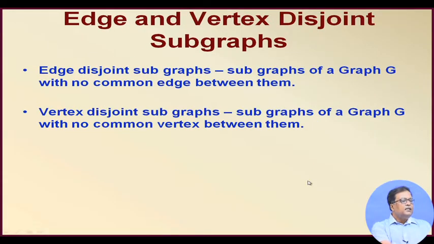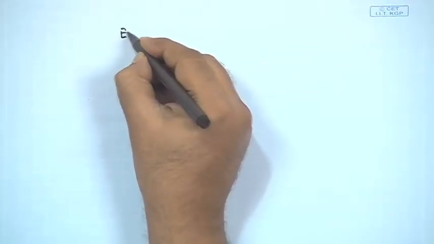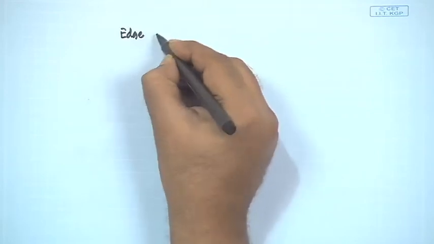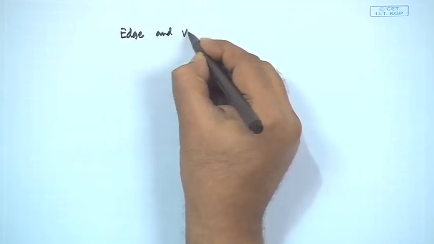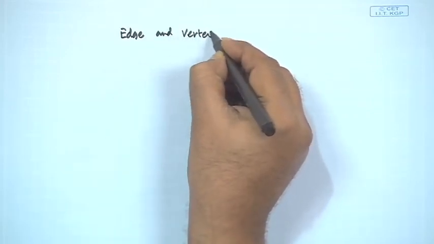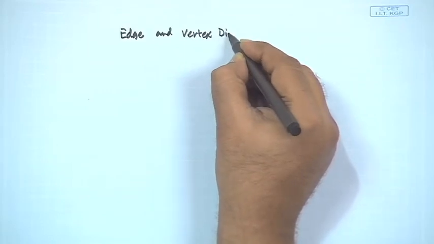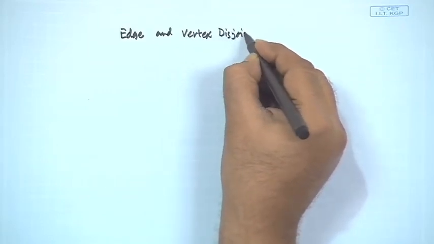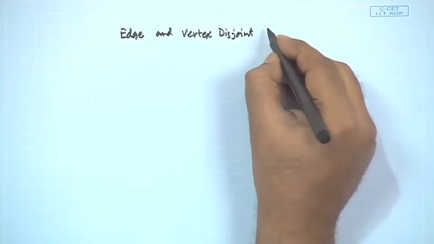Now, edge and vertex disjoint subgraphs. You see, sometimes when we have a particular graph, we may be able to find edge and vertex disjoint subgraphs to make a better understanding of a problem.